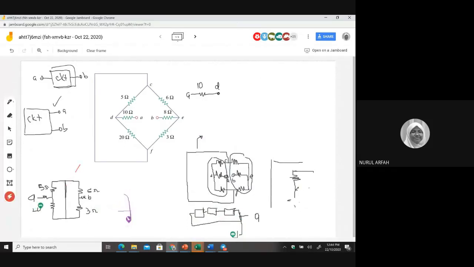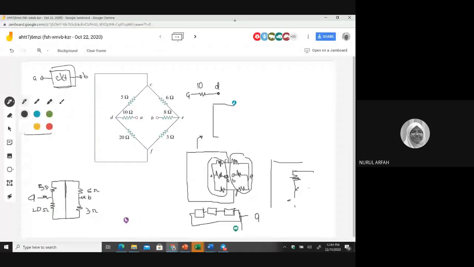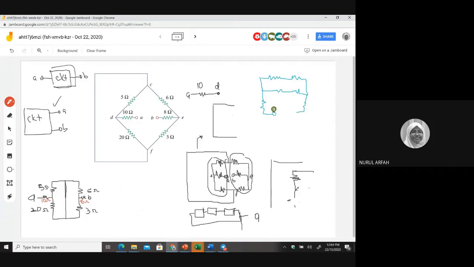Let me help you on this part. This is 8 ohms. Okay. 520 and this is 10 ohms. Okay, thank you.